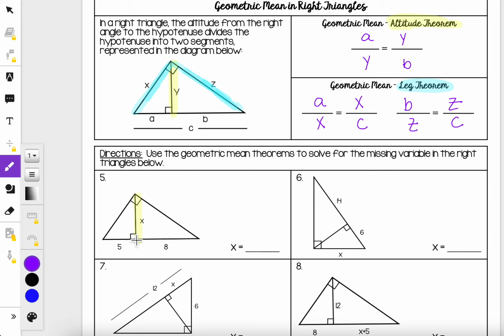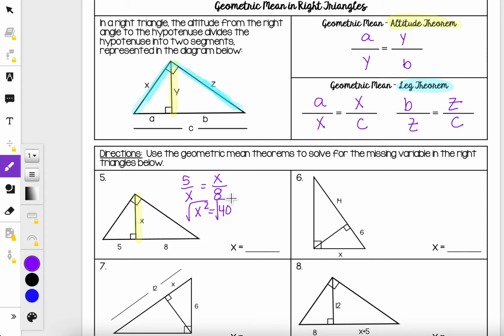So 5 over X equals X over 8. Cross multiply, I'm going to get X squared equals 40.